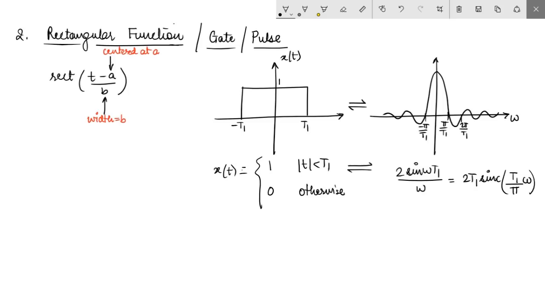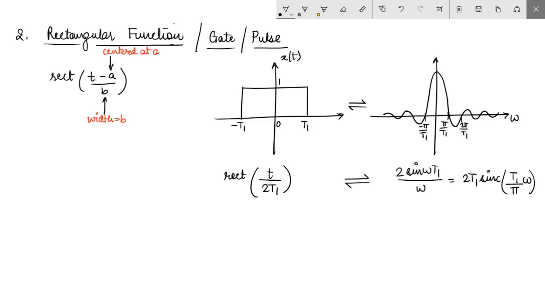But what if I want to represent this in a concise form? I could use the rectangular function, and here that would mean that the width of this whole function is 2t1, right? So I can write this as rect, it is centered about 0, so rect of t upon 2t1.